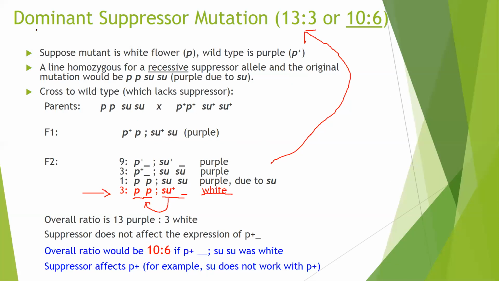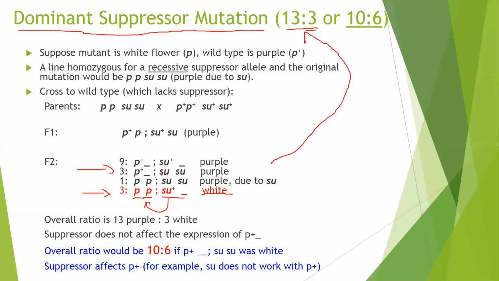In this type of relationship, the dominant suppressor mutation, it can take two different ratios. The first is 13:3, and the second one is 10:6. What is 10:6? Let's look here.